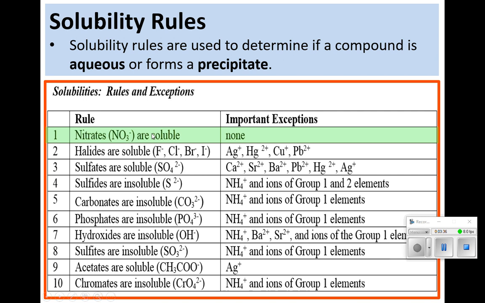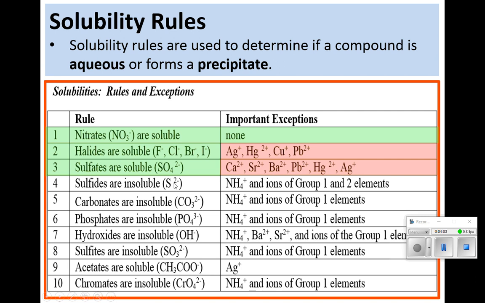If you have a nitrate, all nitrates are soluble. There's no exceptions whatsoever. Let's look at halides. Halides are all soluble except if they're associated with a silver, a mercury 2, copper 1, or lead 2 ion. Sulfates are also soluble except for these exceptions over here.